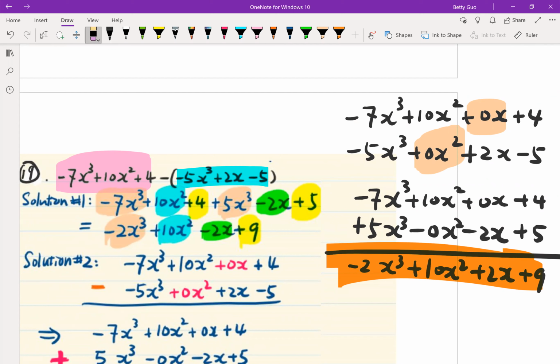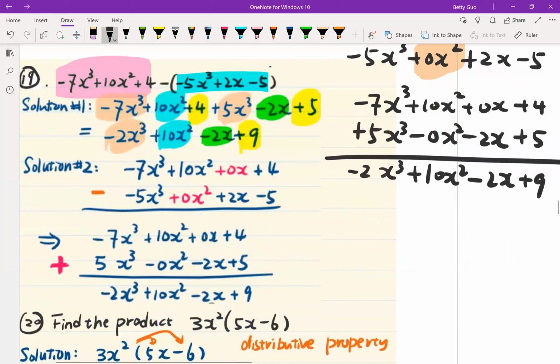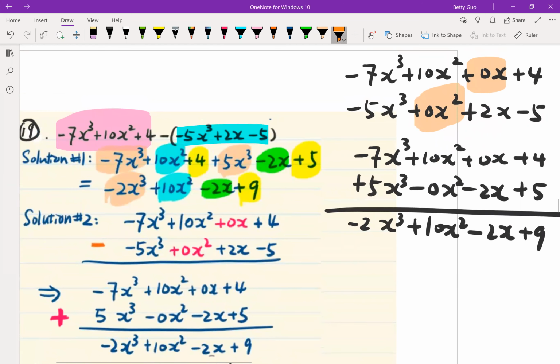So here we would have a negative. Yeah, so don't rush. Sometimes I want to rush. Let me double check. All right, that's correct. If you apply the vertical method to take the subtraction of two polynomials, make sure you have those like terms aligned.